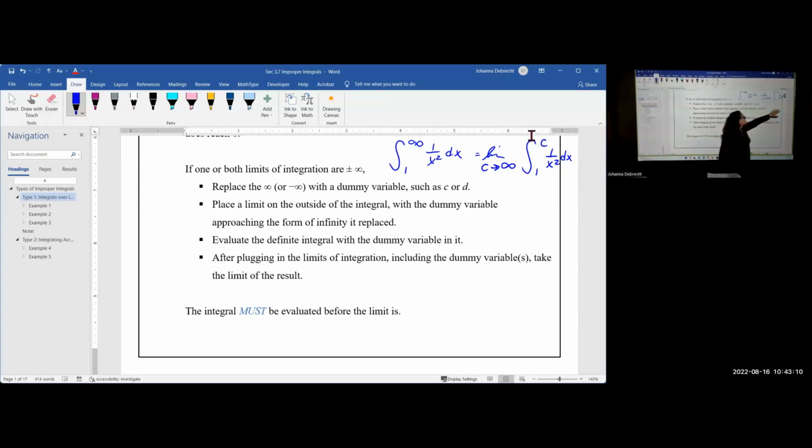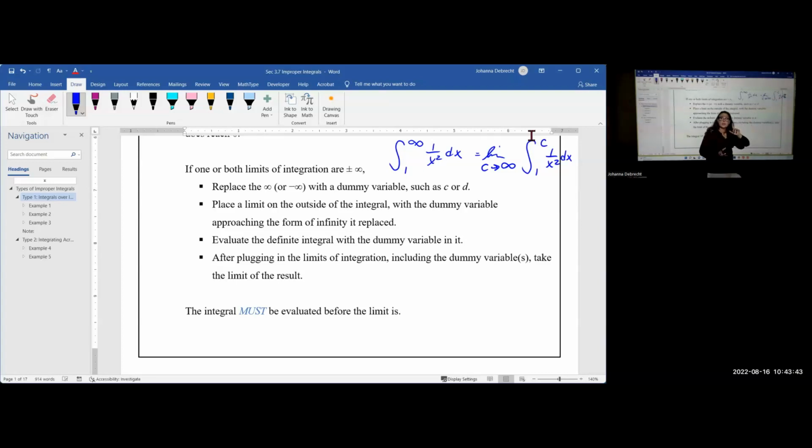Found the antiderivative, substitute the upper limit of integration, substitute the lower limit of integration, subtract the lower limit substituted in from the upper limit substituted in. Get some expression. Now, this expression is going to have c in it, isn't it? Right? It's not going to disappear. It's still going to have c in it because c, while it represents a finite real number, I haven't specified what it is. So it's still going to have c in it.